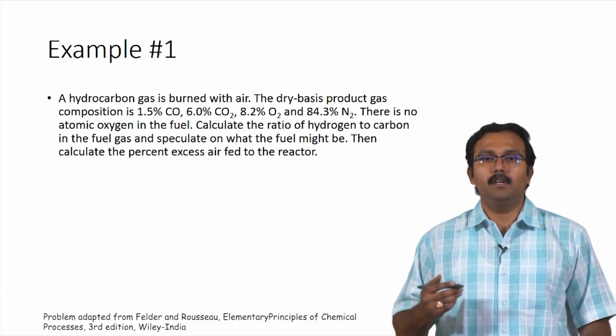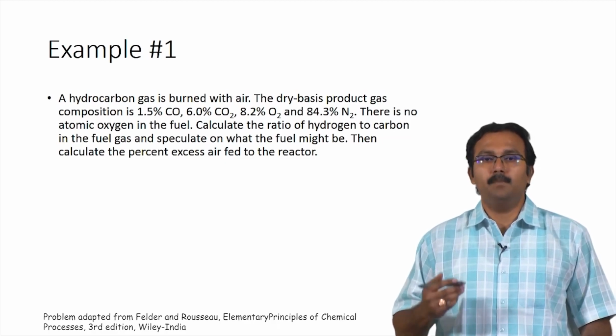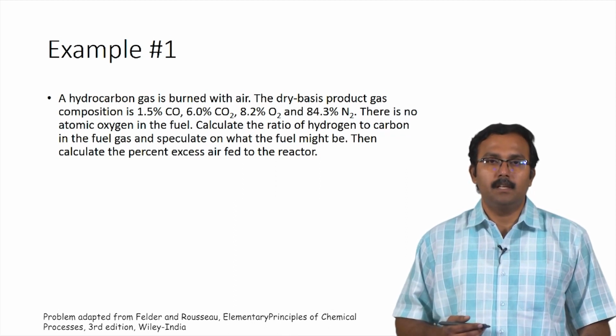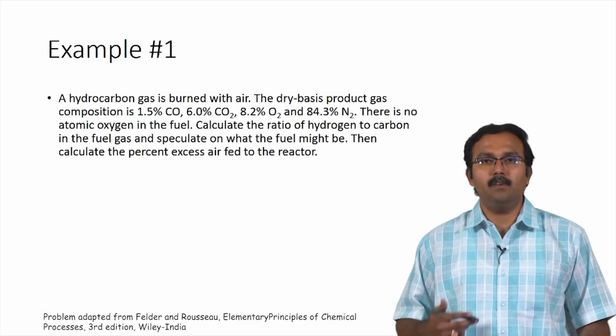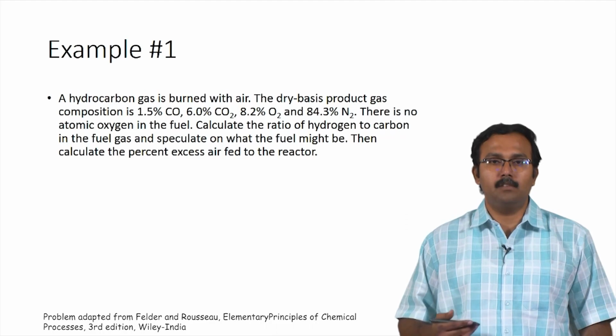Calculate the ratio of hydrogen to carbon in the fuel gas and speculate what the fuel might be. Then calculate the percent excess of air that is being fed to the system. So here you are asked to calculate the carbon to hydrogen ratio, which would help us in identifying what fuel has actually been used. So let us see how we can solve this problem.